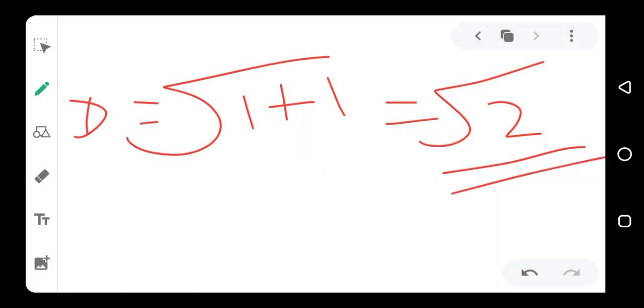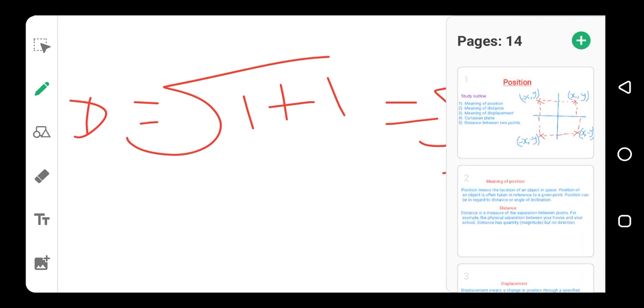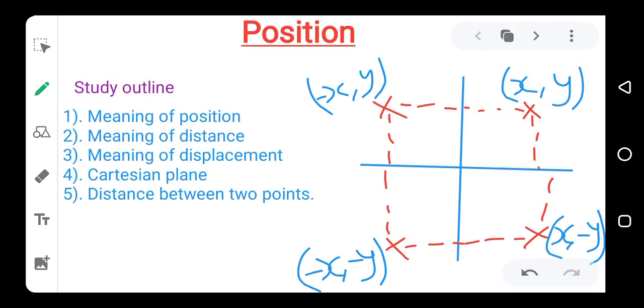Now let's have a summary of what we have discussed so far. In this lesson, we've talked about the meaning of position, the meaning of distance, the meaning of displacement, the Cartesian plane, and how to calculate the distance between 2 points.